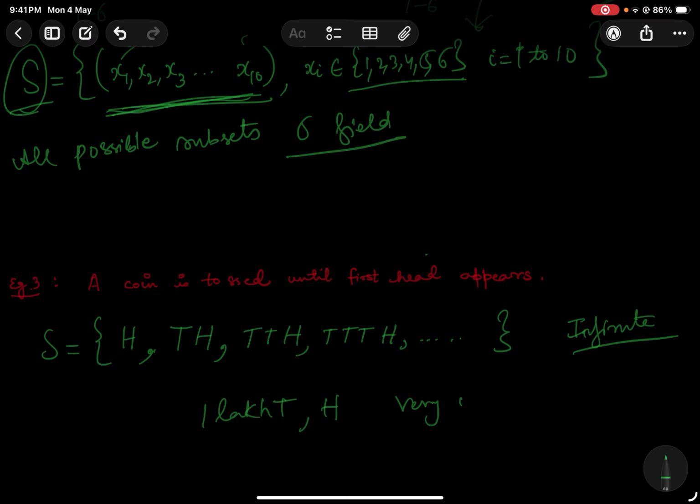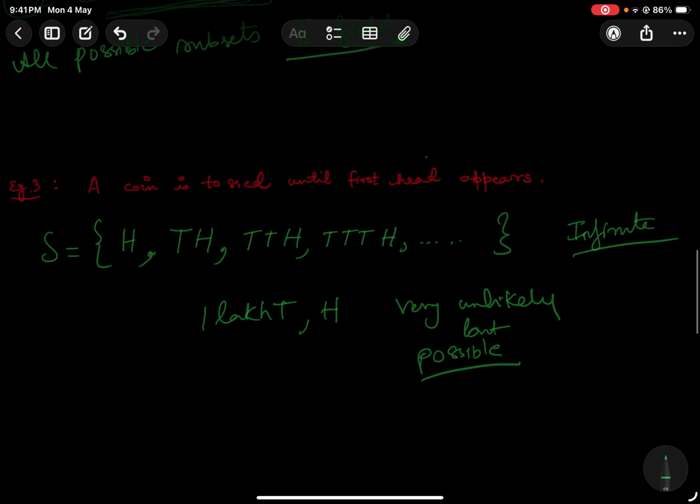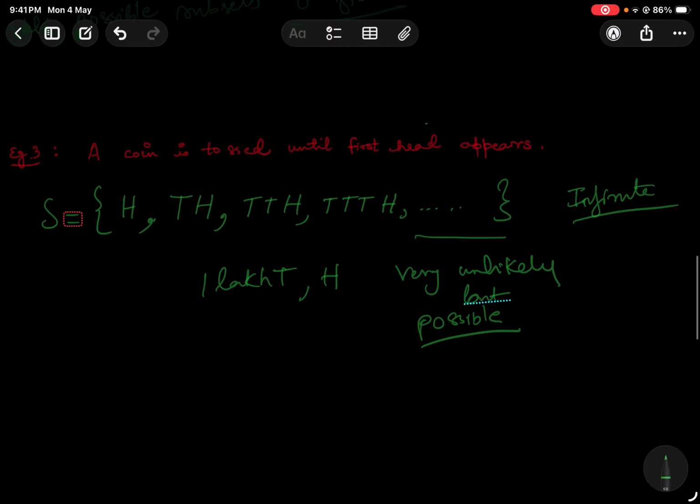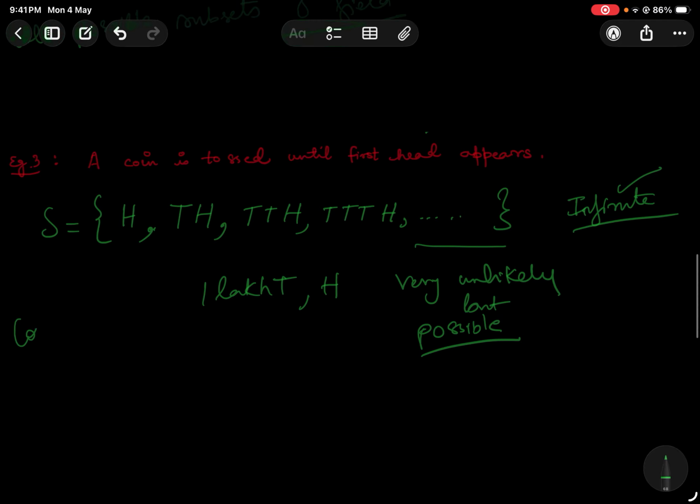Very unlikely, but possible. So I can't stop. It would be wrong to stop anywhere because you're not listing out all the possible cases in that case. So this is an infinite set, but it is countable.